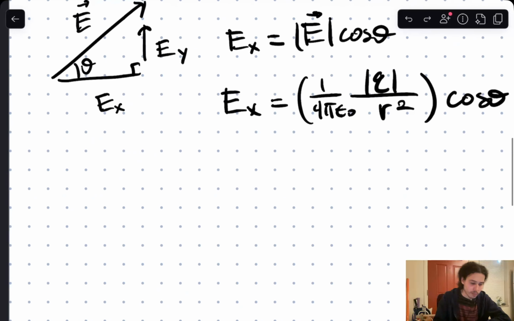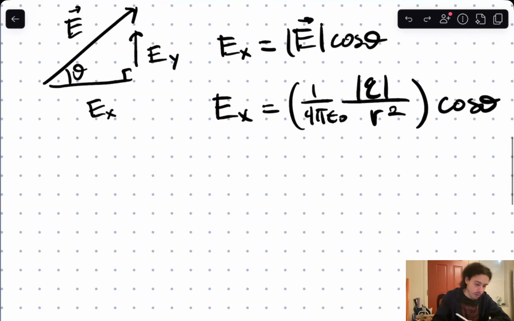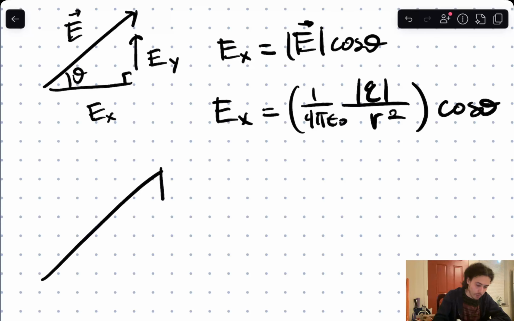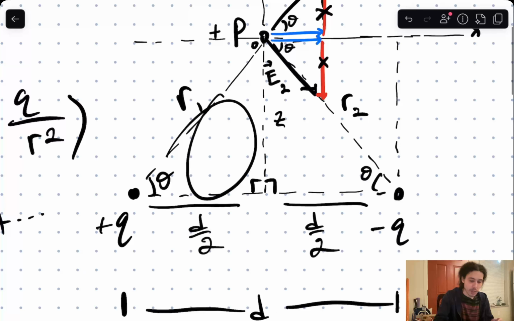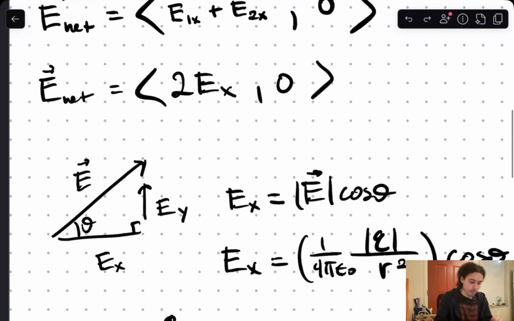So now, due to symmetry, again, we can just look at one side of the system. Let's say this side. This is equal to r, this is equal to z, and this is equal to d over 2.